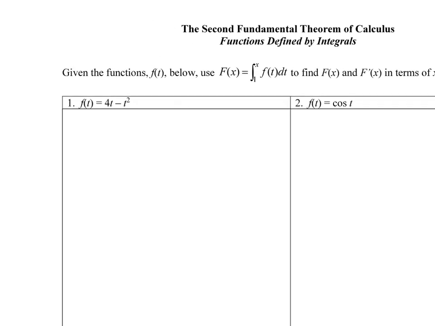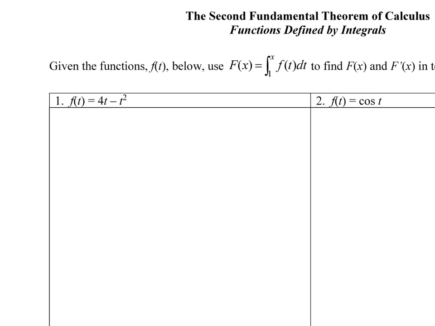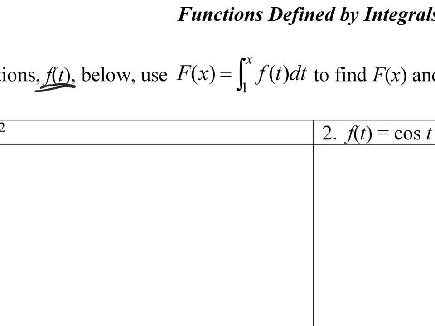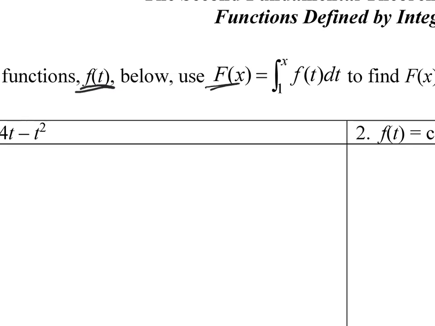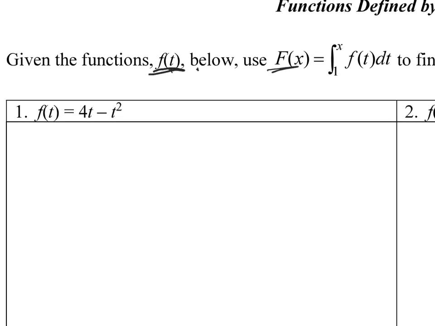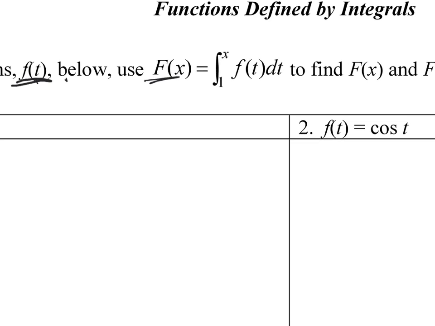Second fundamental theorem of calculus. Given the function f of t, small f, and obviously the antiderivative is big F. Given that f of t below, here's my function in terms of t, we are integrating from a constant of 1, could be any constant, it doesn't matter, to a variable expression of f of t dt.